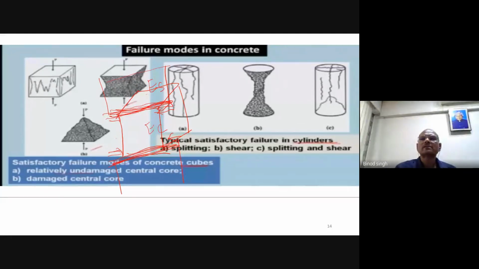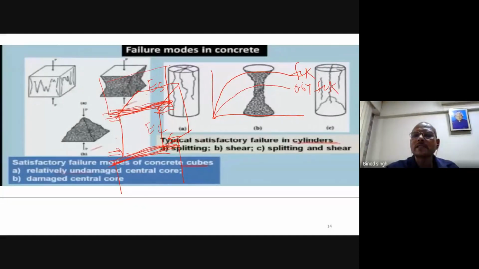Suppose you are designing by the limit state method, we have a graph like this. Say this is your fck. To account for the platen effect, we reduced this to 0.67 fck. So we reduce the strength in design by 33%.